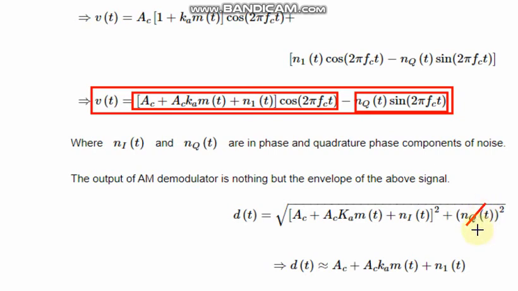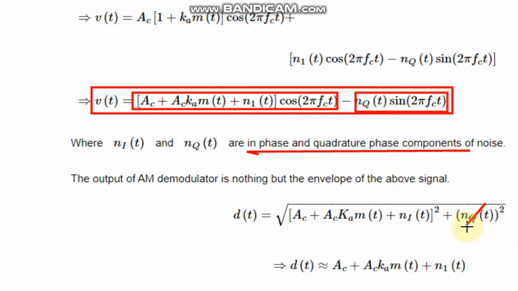Okay, I am again repeating, for getting the details of the quadrature phase component and in phase component, just listen to the video lecture named SNR calculations of DSB SC wave on my YouTube channel, Engineering Diploma Solutions. That is just the earlier video lecture. In that I have shown you the in phase component and quadrature phase component in very detail, with the phasor diagram also I have explained these terms.